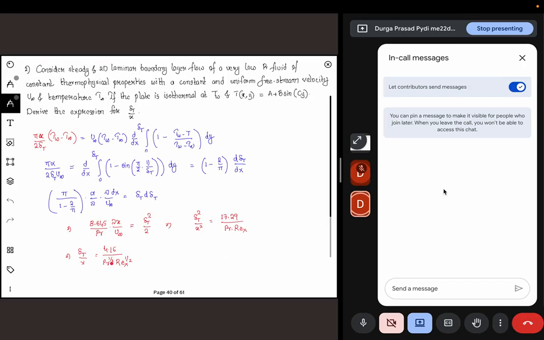But the key difference is in the value of the exponent for Prandtl number. In case of Prandtl number greater than 1, we have the exponent as 1 by 3, while when we have a very low Prandtl number, the exponent is the power 1 by 2. That's the only difference that we have from the previous case.